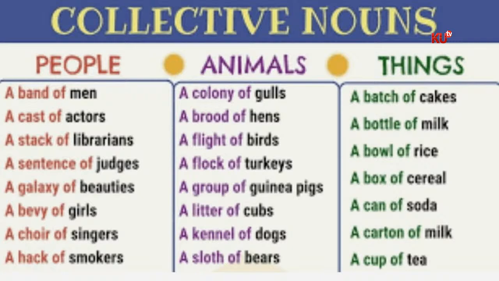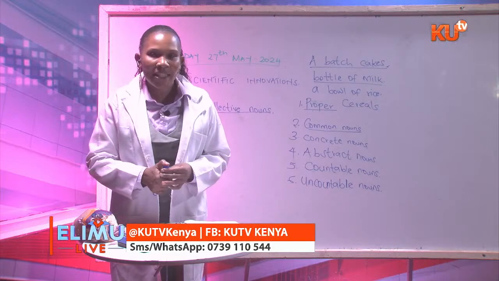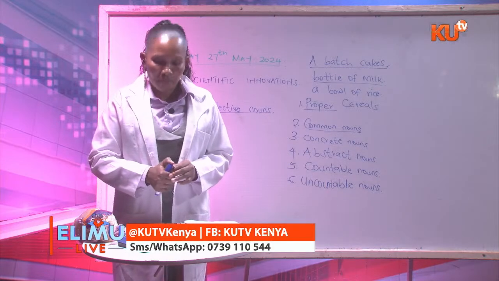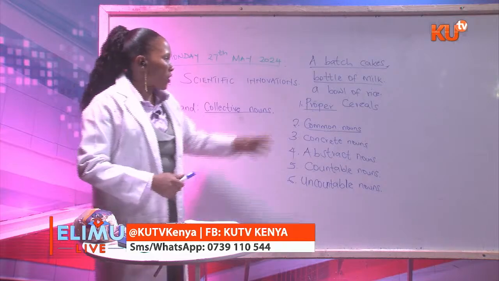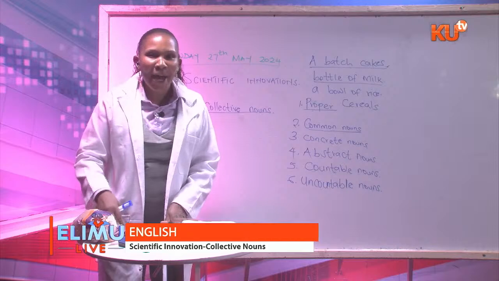We have a box of cereals. Cereals, we have grains like wheat, like millet, like maize. When you give in a box, we view it as a single unit called a box of cereals.